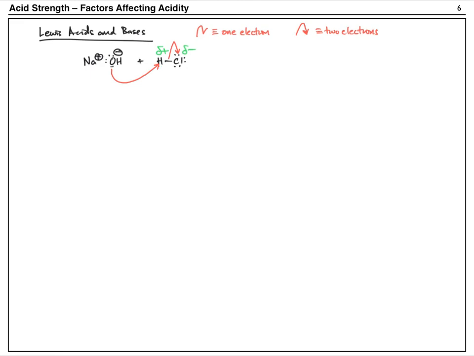Start, end, start, end. So the flow has to be that way. Start, end, start, end. So it's telling you that the flow is sort of in one direction. What you do not want to do is show arrows that look like this. So do not do arrows that look like that.